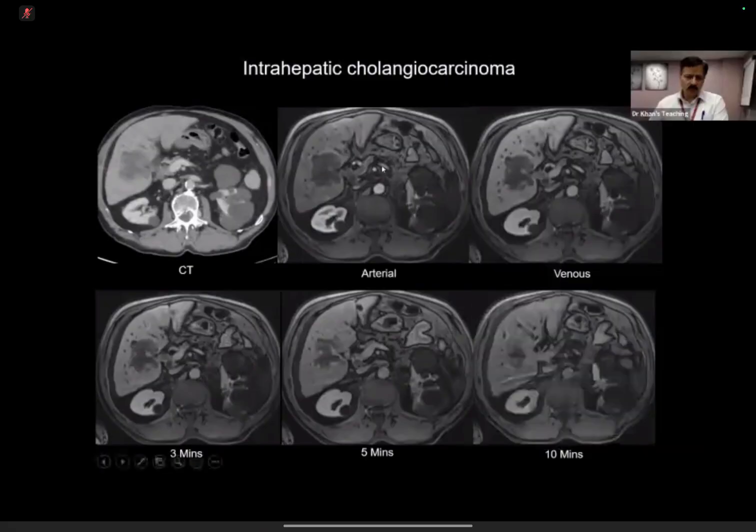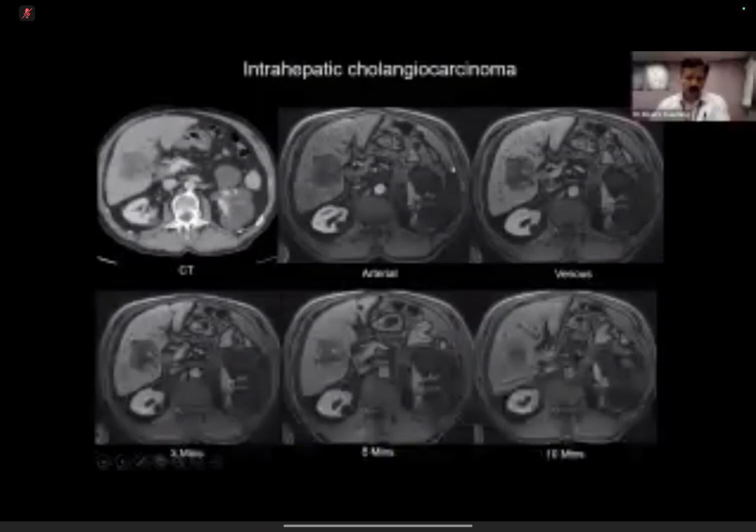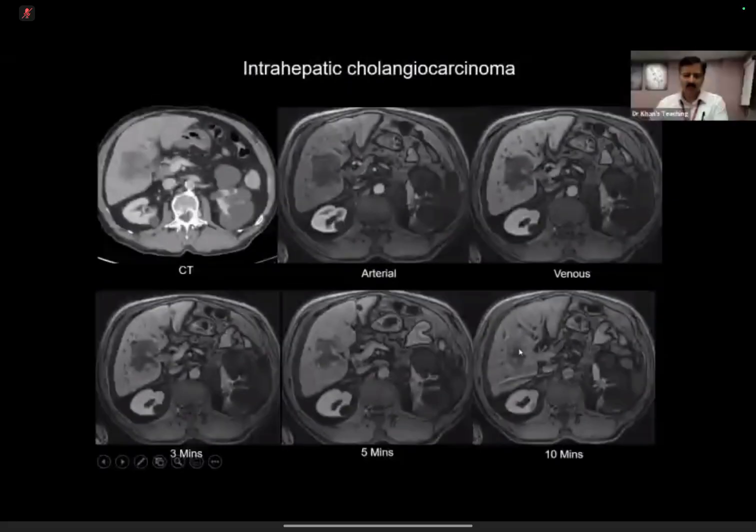Now, if you look carefully, there is a bit of enhancement in this lesion in the periphery. This is an arterial phase. Actually, enhancement. Now, just keep comparing it, and you will see that it is enhancing. Gradually, there is what we call centripetal extension. No, this is not that hemangioma type of enhancement.